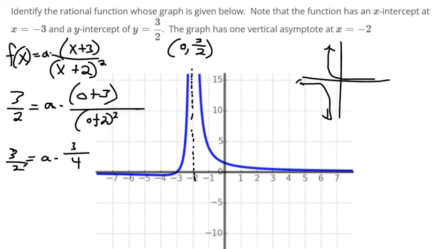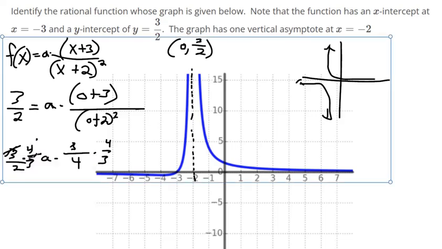That's going to make 2, because the 3's cross cancel when you multiply both sides by 4/3. And then 4 divided by 2 makes 2. So we found out a equals 2. And so that's the last piece. This needs to be a 2 out front.